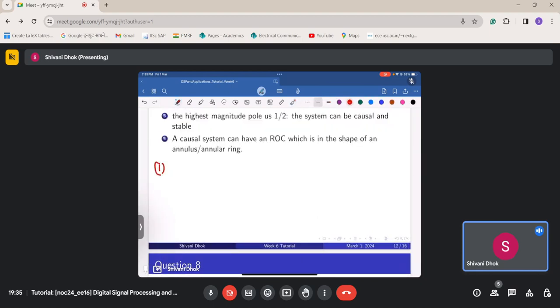what is given to us is a pole zero plot, which is something like this. So this is my unit circle, which is, let's say, 1. This is 1, and I have poles which are something like this. Let's say I have a pole here, a pole here, a pole here. If I'm having poles in this form, then the possible cases of region of convergence is this.